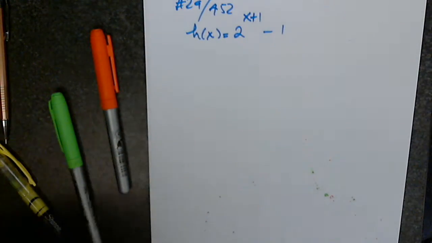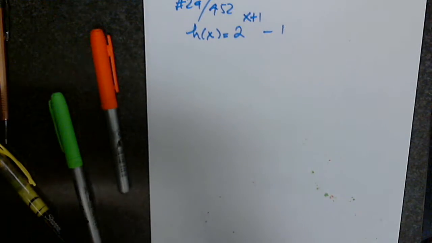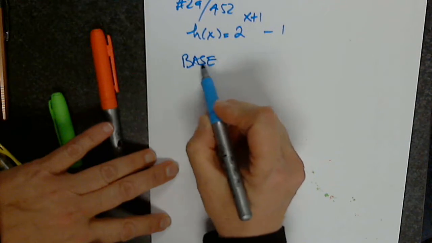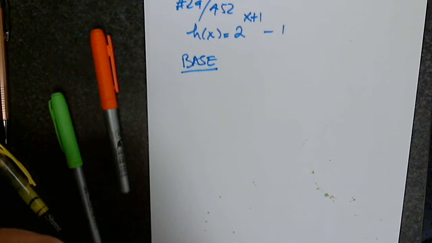And you can say, what is this? Well, this is transformations on what base function? The base function is? 2 is not a function.